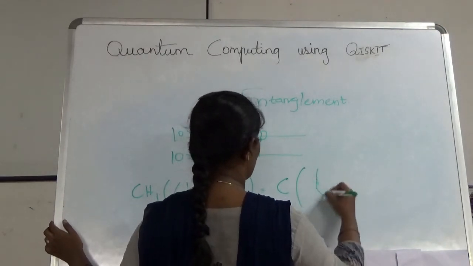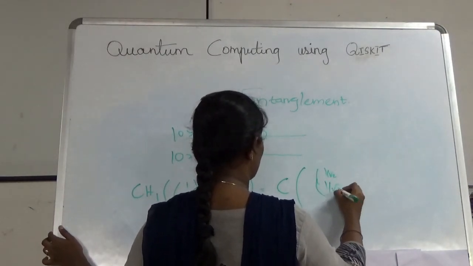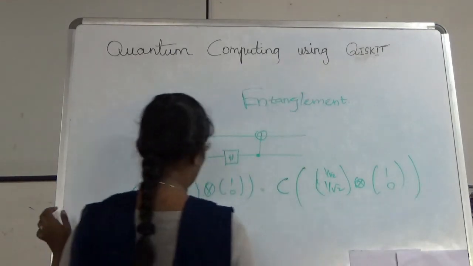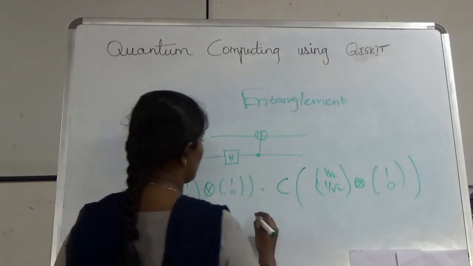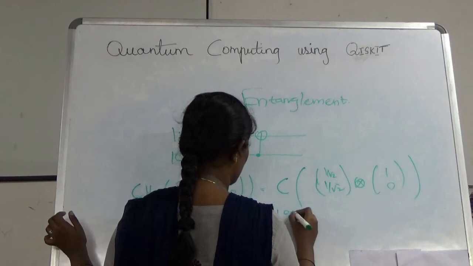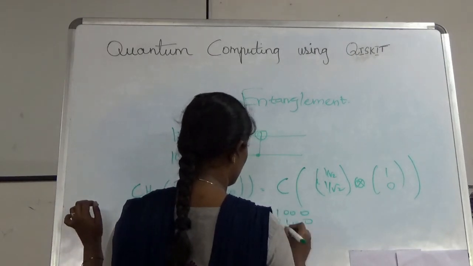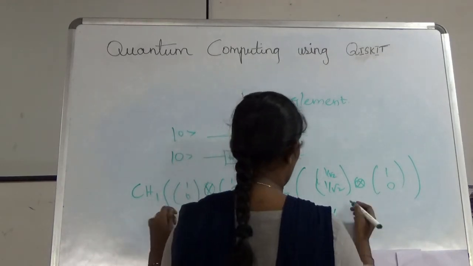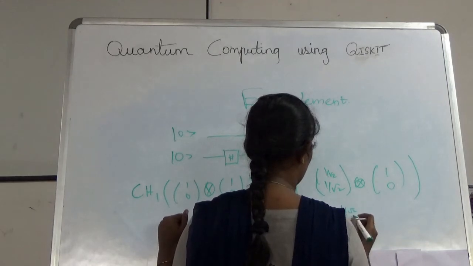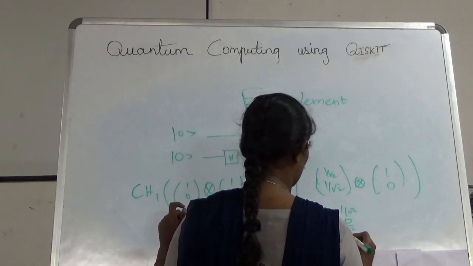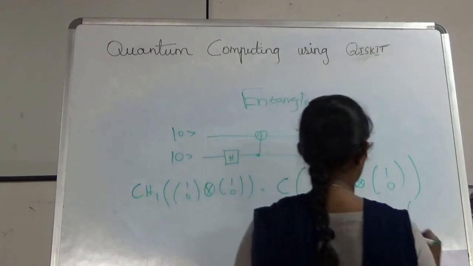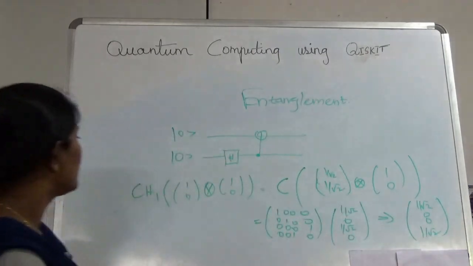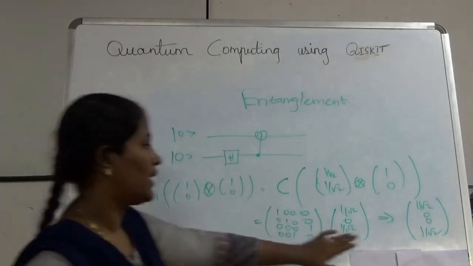This will change the qubit to the tensor product of 1, 0, which is equal to the CNOT representation. Therefore, here the 0 is entangled in this way.